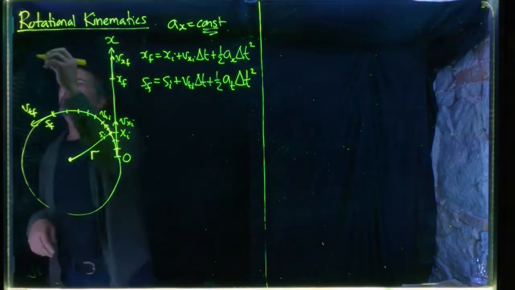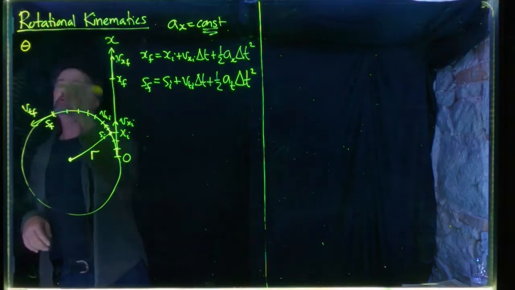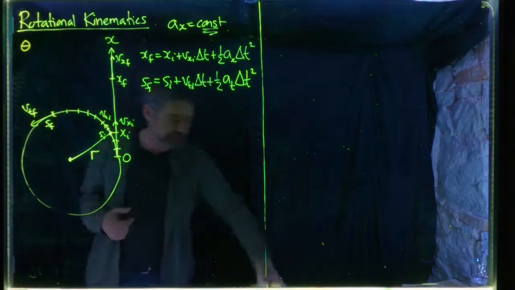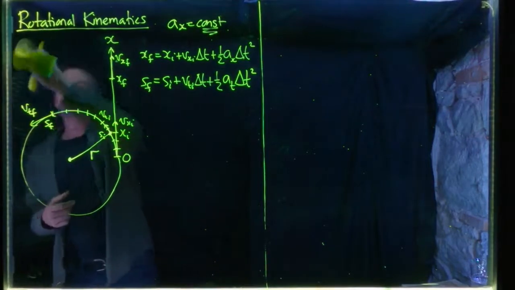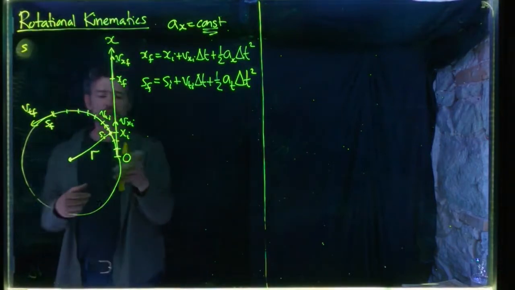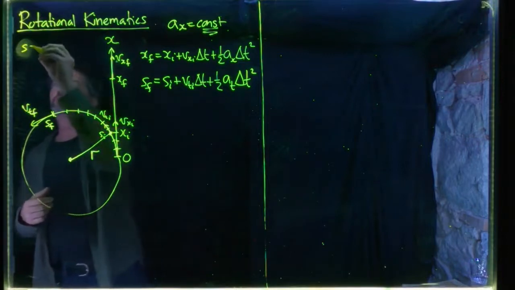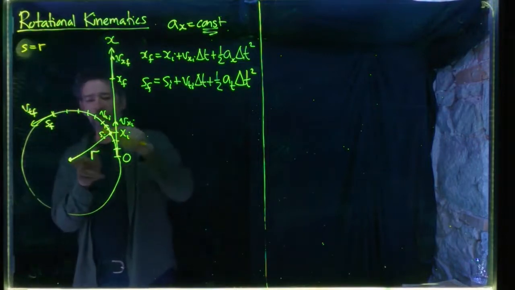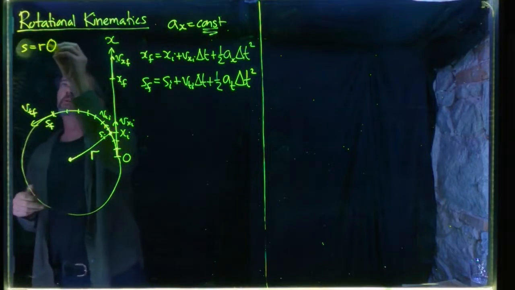Okay, so we have that the tangential position S, the arc length along the circle, is equal to the radial distance R from the axis of rotation times the angular position, theta.